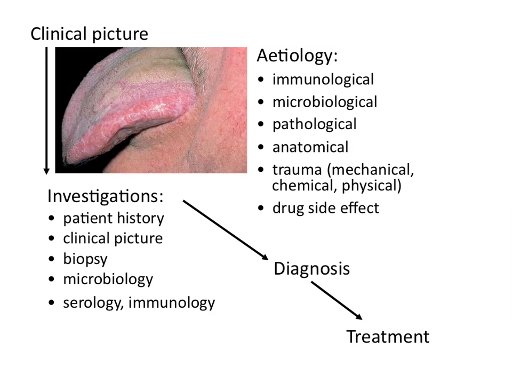It can be a drug side effect. Therefore, when you're looking at these lesions, it's very important to take the patient history very carefully, think of the clinical picture, do what you need to, take a biopsy, do the microbiology, possibly look into immunology, and only with all this information you are able to make your diagnosis and plan appropriate treatment.